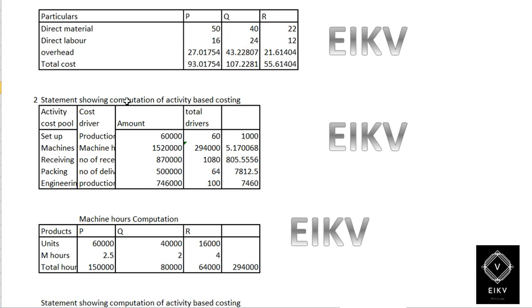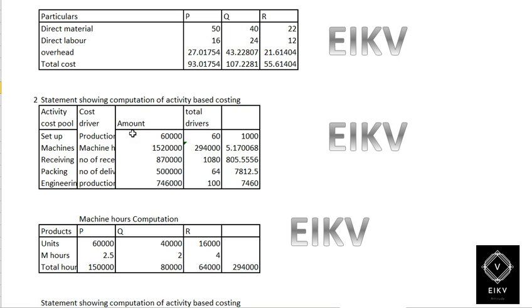Going further, the statement showing computation of activity based costing. First of all, I made a table containing 5 columns: activity pool, cost driver, amount, total driver, and then the quantity driver per unit.